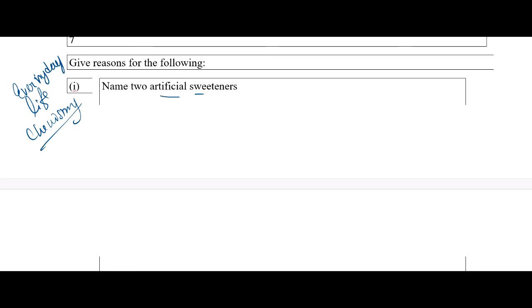If I write any two names like alitame and sucralose, then you point out a few of the points, like how we can form alitame, how much sweeter is that compared to sucrose. So these are the things that you have to point out. Okay, so this is quite a direct question, name two artificial sweeteners.